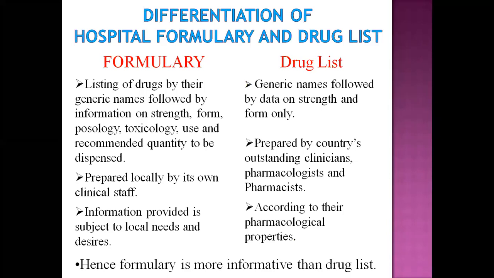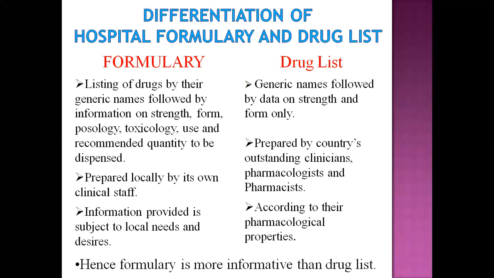Second, difference between the hospital formulary and drug list. This hospital formulary is prepared locally by its own clinical staff. Means this formulary is only applicable within the local part of the hospitals. Whichever hospitals, they prepare their formulary or list and use it in their own hospitals.